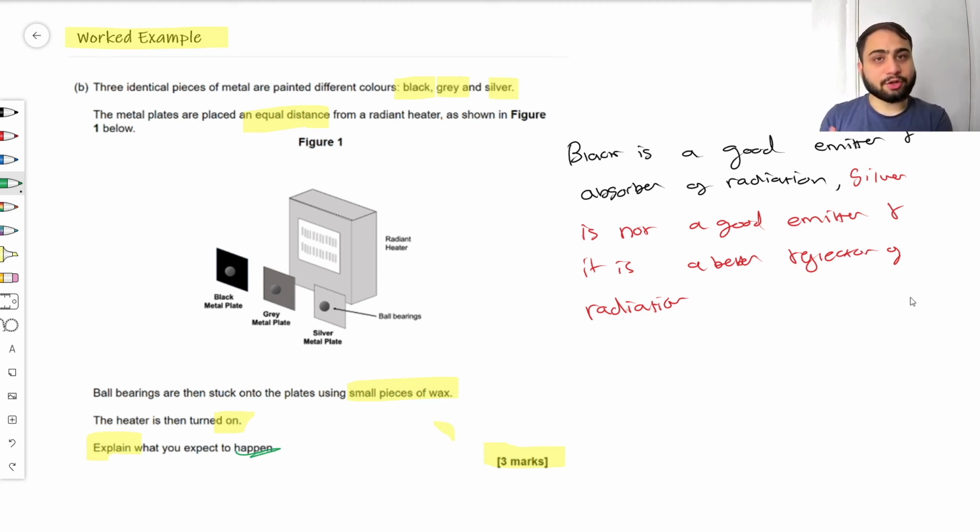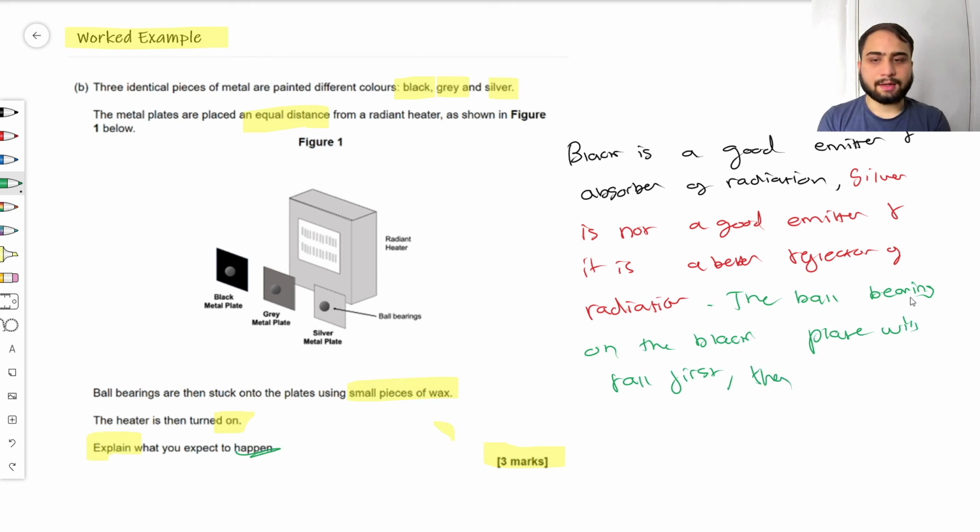That means that it's going to transfer that radiation to the wax, and that means that the wax is going to melt faster. So we can expect the ball bearing on the black plate will fall first, then the grey plate, then silver. And that right there is our 3 marks for the exam question.